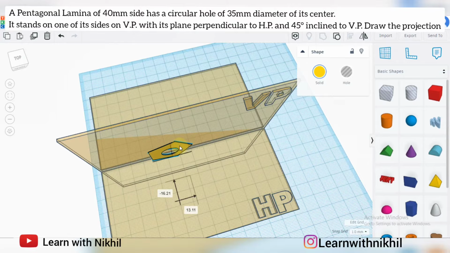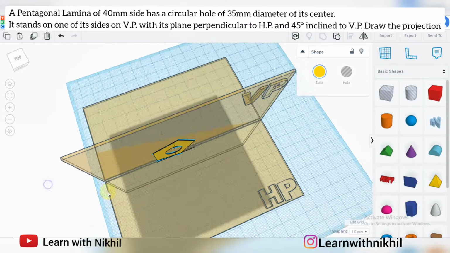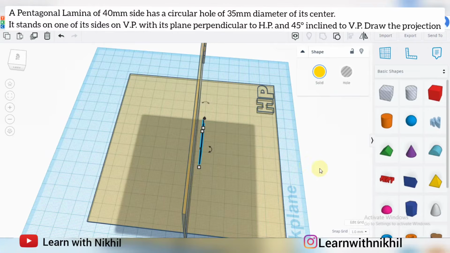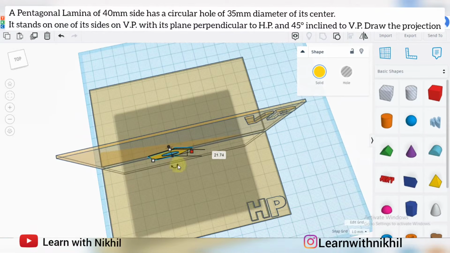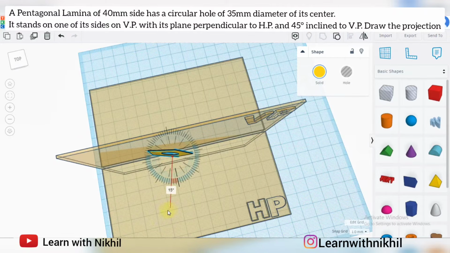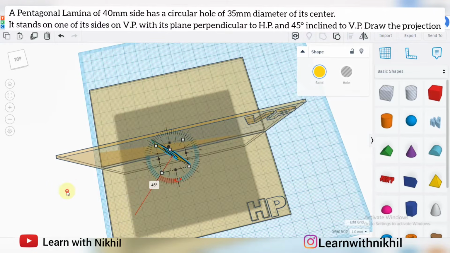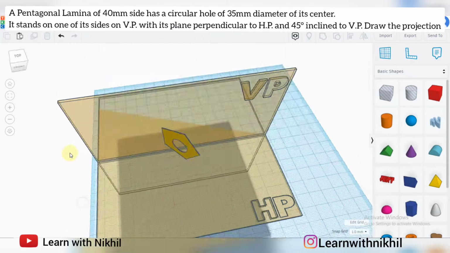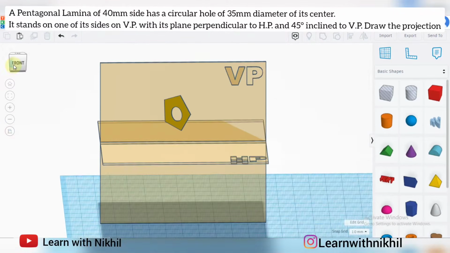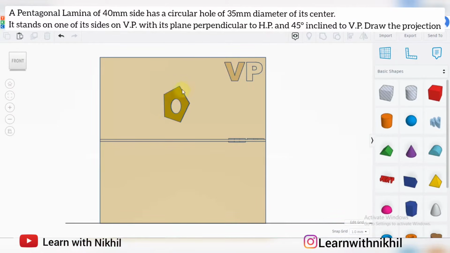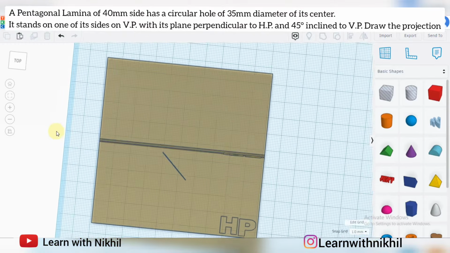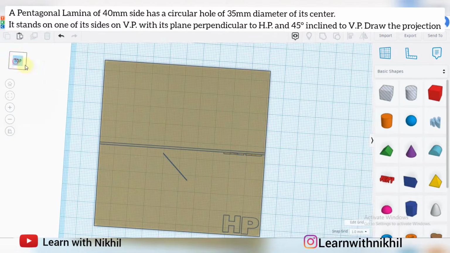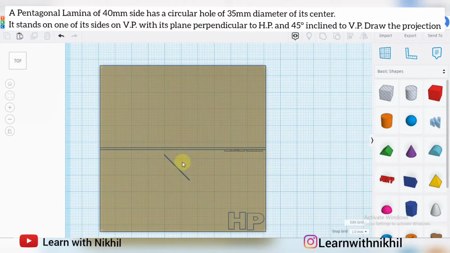If its side is attached to the vertical plane, and I tilt this at an angle of 45 degree, now if I visualize this plate, in the vertical plane it will look like this. So this is how it will look in the vertical plane, and in the horizontal plane there will be an angle of 45 degree. So this angle is 45 degree.